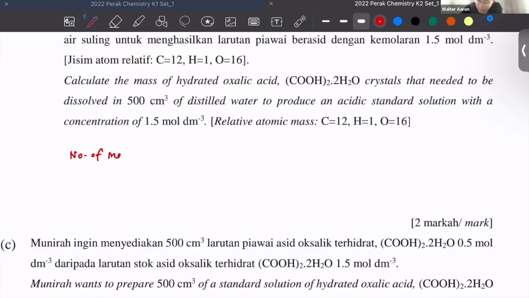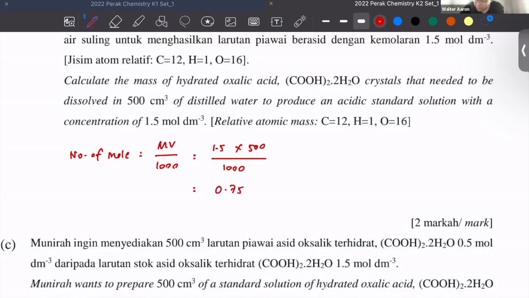So number of mole will be MV over 1000. So right now it will be 1.5 times 500 cm³ divided by 1000. So this will be 0.75, okay?